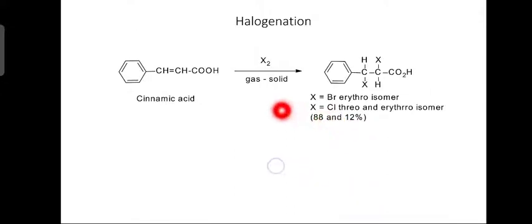So this is the equation. Cinnamic acid in the presence of halogen gives one erythro isomer if the halogen is bromine. If the halogen is chlorine, a mixture of threo and erythro in the percentage 88 and 12.